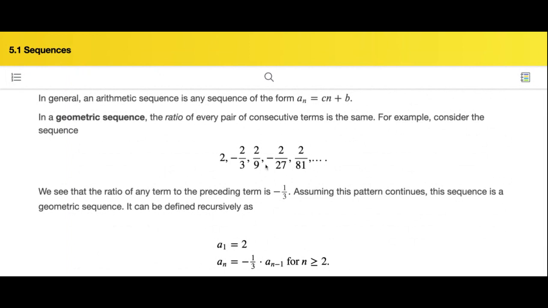Then multiplied by negative 1/3 again, that's negative 2/27. So that is a factor, right? So the ratio between each pair is constant, it doesn't change. So a geometric sequence means the current term is the previous one multiplied by the same ratio.